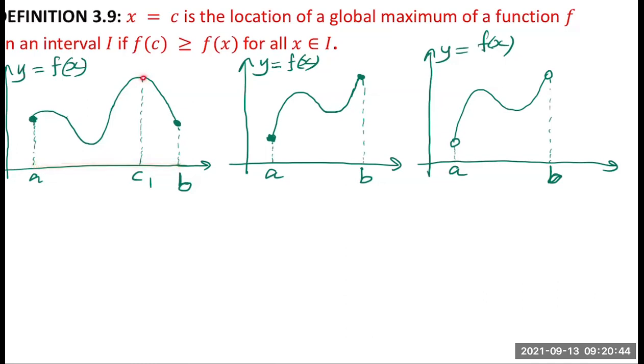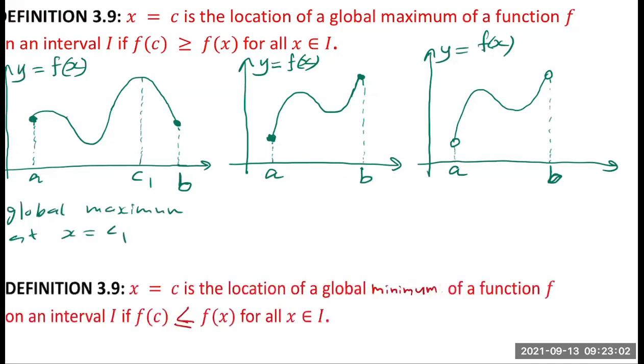So in that case, we say that we have a global maximum at C1. Maybe we'll write x is equal to C1. So we have the global maximum at x is equal to C1.